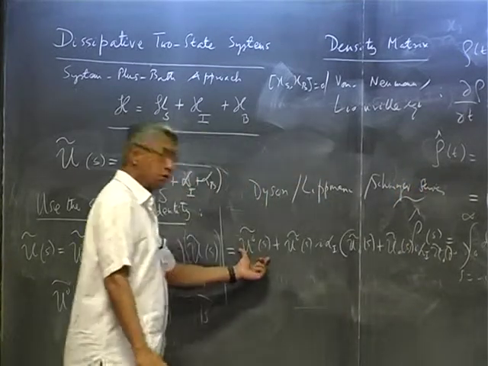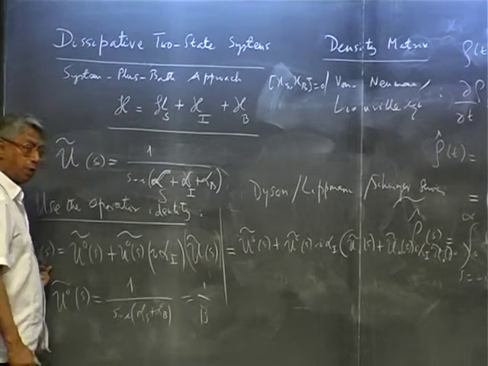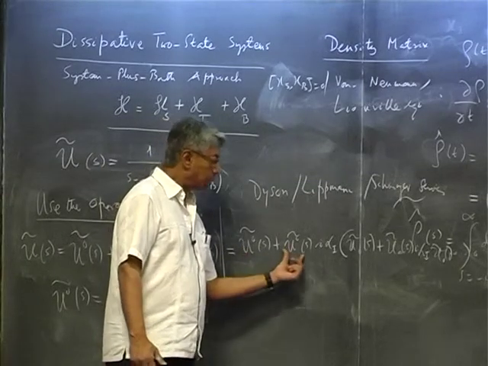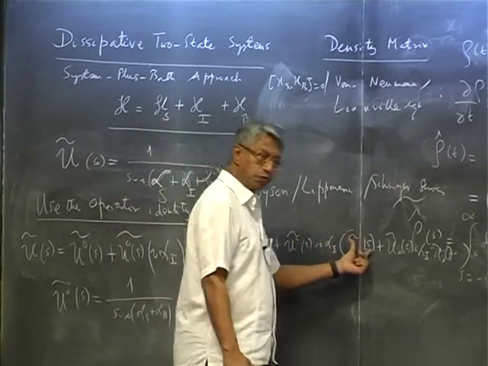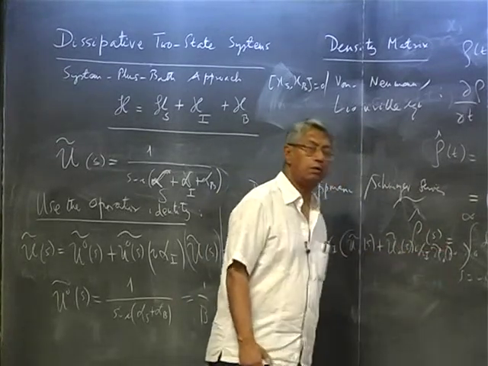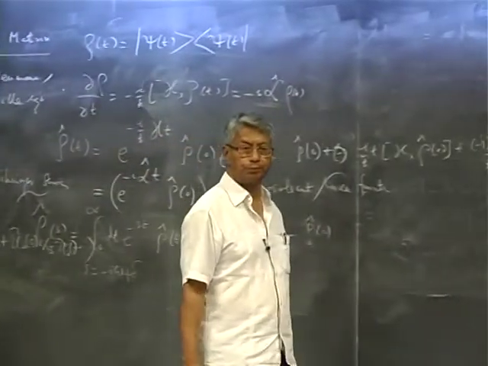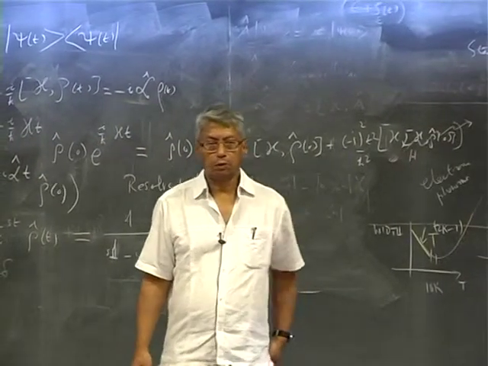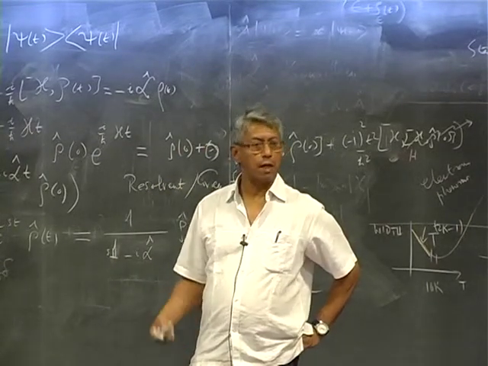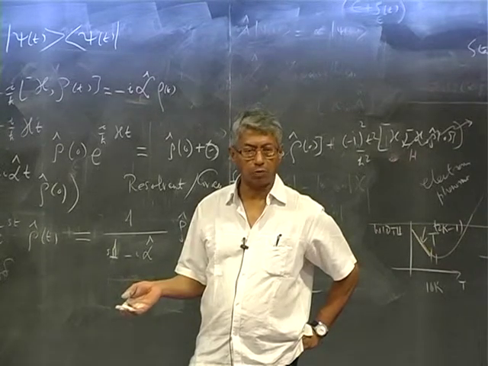My total propagator: the first term is a free propagator, then a free propagator times the interaction term times the free propagator back again, then go on in an infinite series. Okay? So this is another way of doing time-dependent perturbation theory that you might have done in your MSc quantum mechanics.